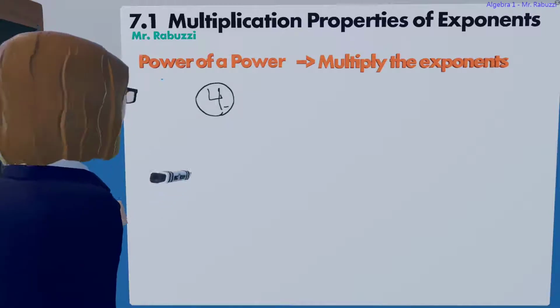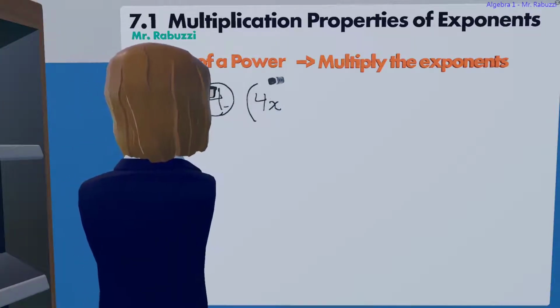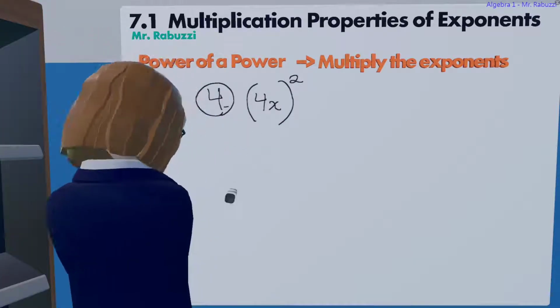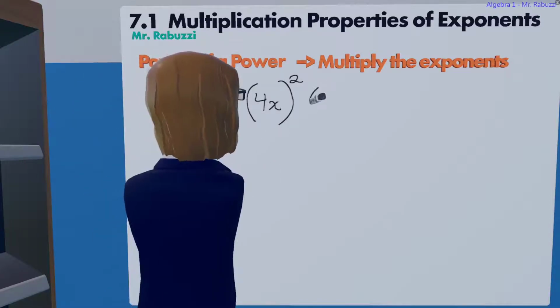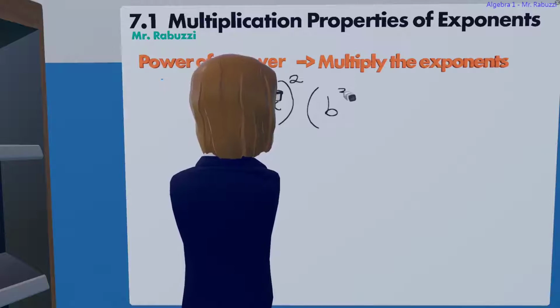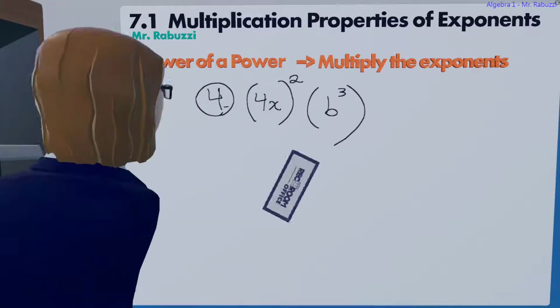And it says, parentheses, 4x, parentheses, squared. Then, parentheses, b to the 3rd. Ooh, that was a long parentheses. Okay.